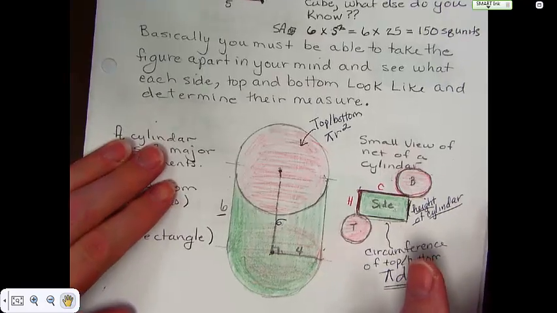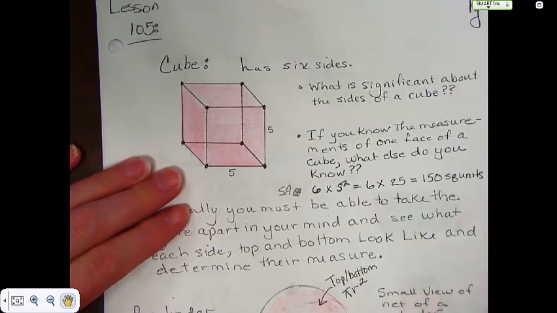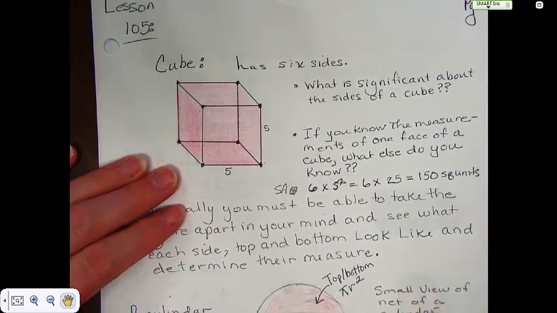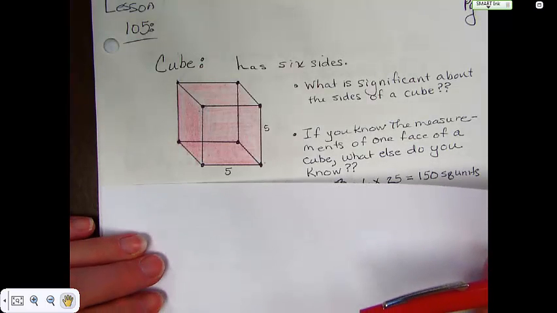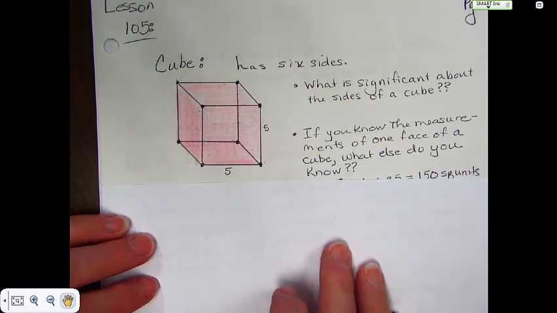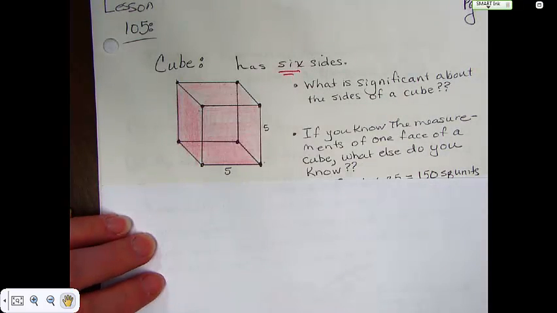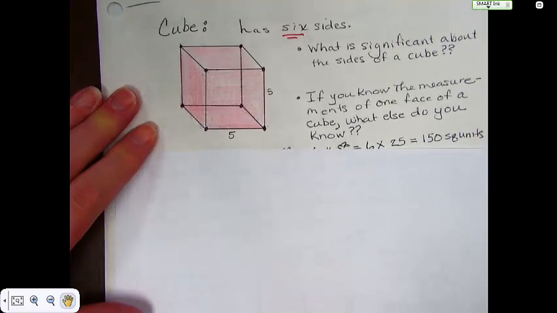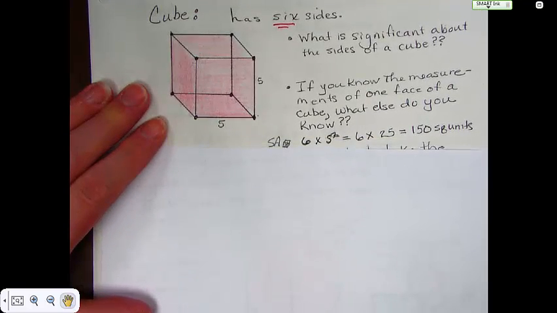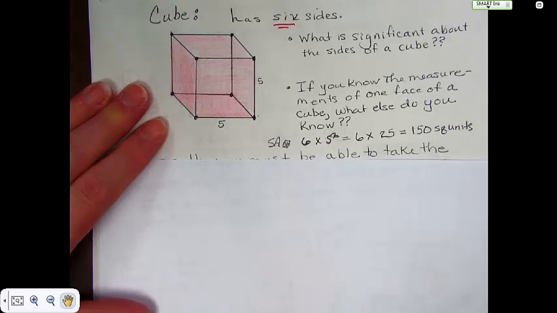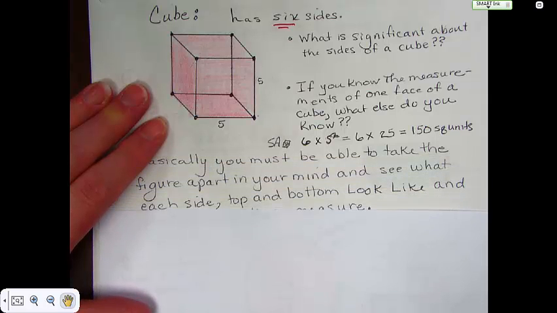Okay, let's take a look at a cube. When you're looking at a cube, you have to remember there's some really special things about cubes. A cube has 6 sides, and every single side is exactly the same. So if you know the measurement of one face of a cube, you know the measurement of all faces of a cube.